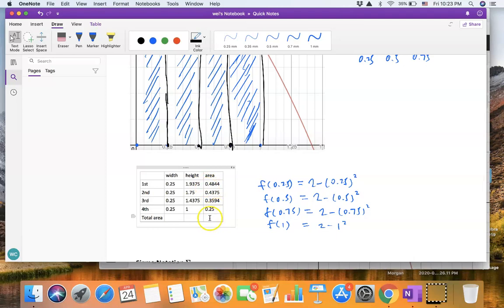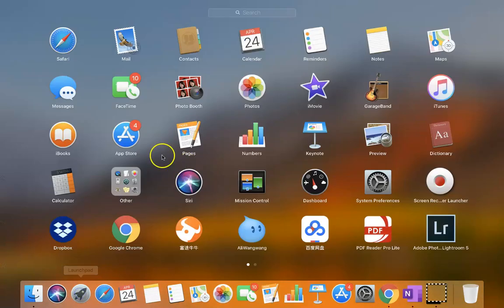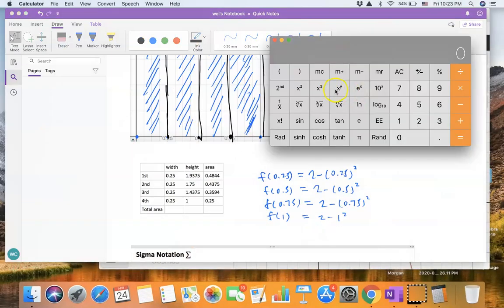So the sum of them, 0.4844 plus 0.4375 plus 0.3594 plus 0.25, is 1.5313.